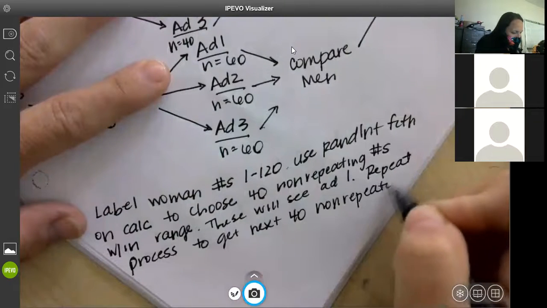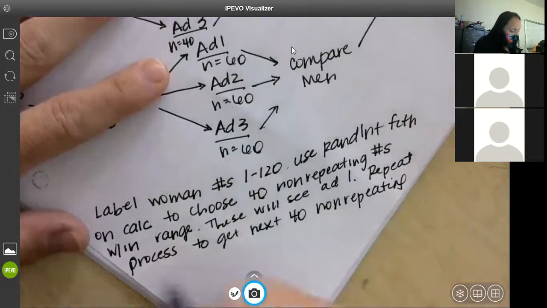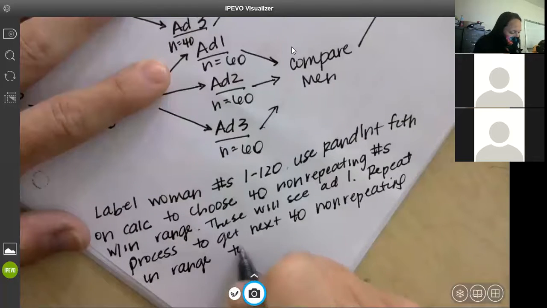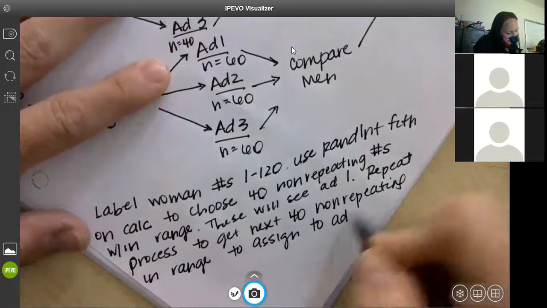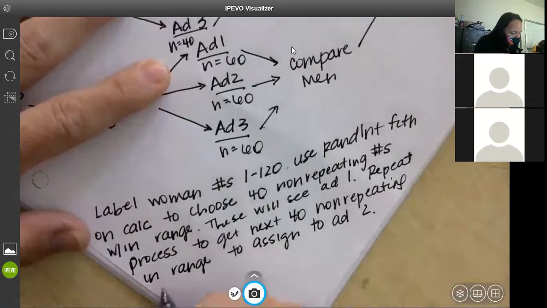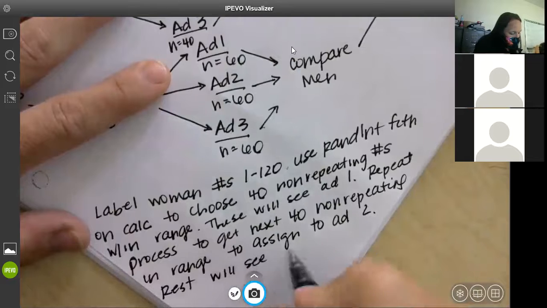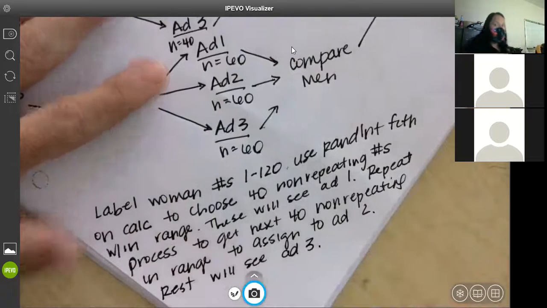Non-repeating. In range. To assign. To add 2. Rest, we'll see add 3.